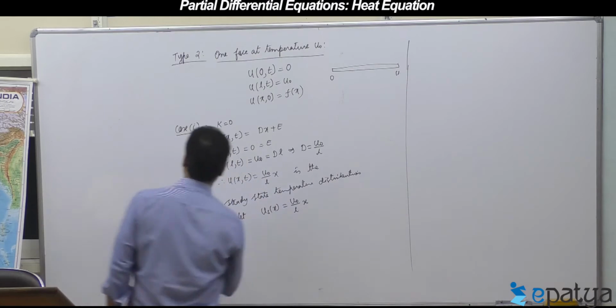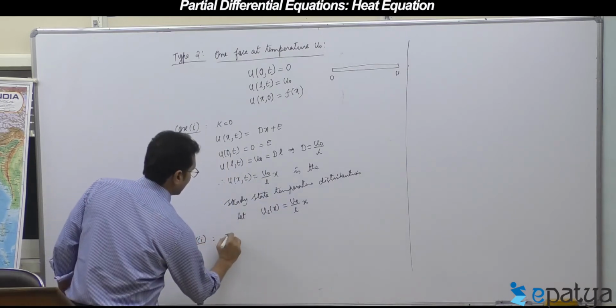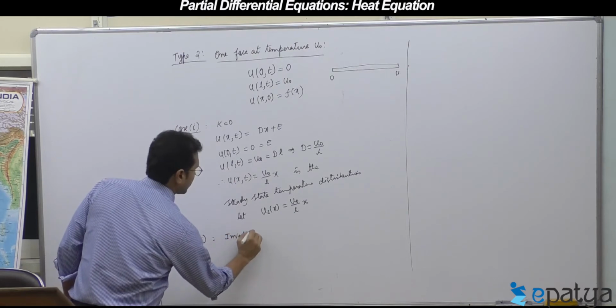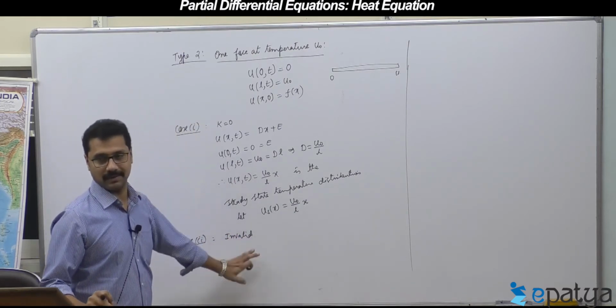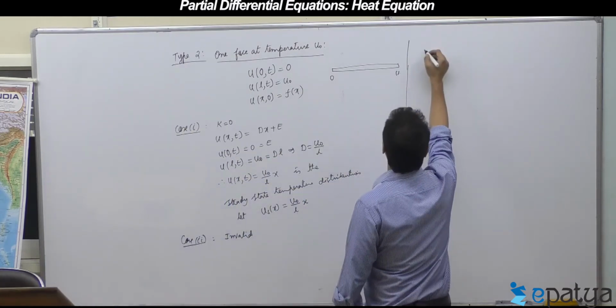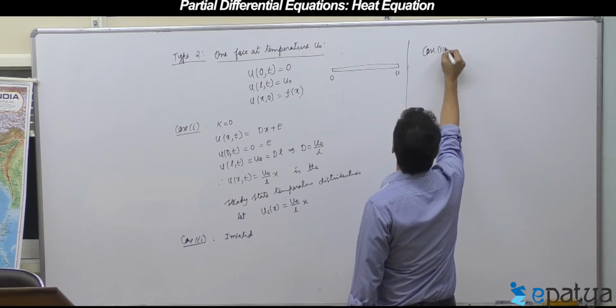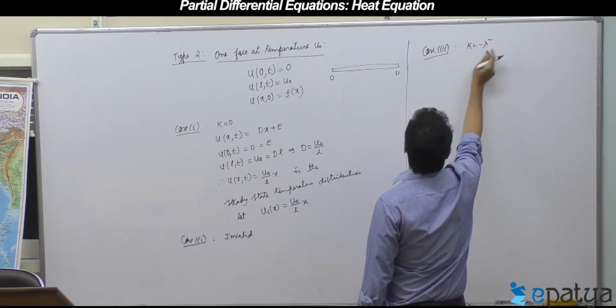So case 2 anyway invalid. Okay. So don't just write invalid in the case of your exam, you just show that it cannot be a solution. Now directly go for case 3. K equal to minus lambda square.